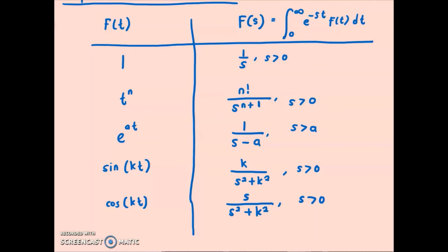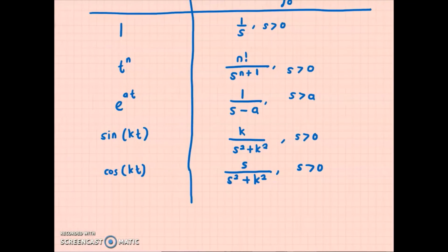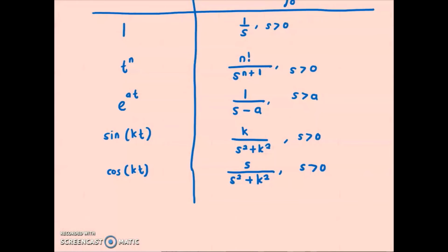And then we can have a combination of exponent and sine, where for e to the at sine kt, the Laplace transform is given by k over (s minus a) squared plus k squared, for s greater than a.